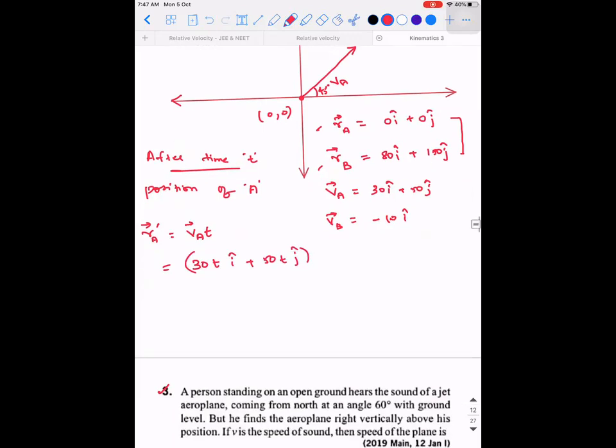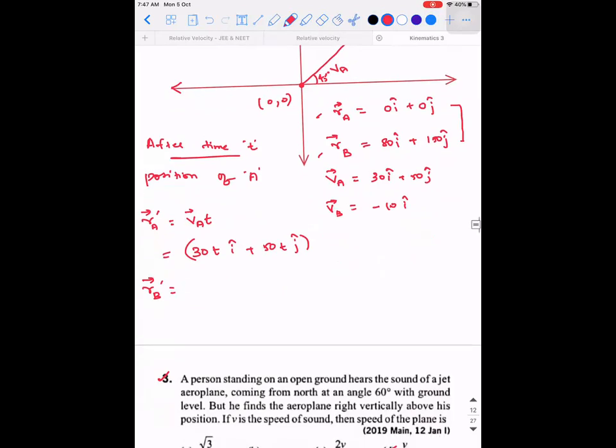Accepted? Now, what will be the position vector of B after time T?